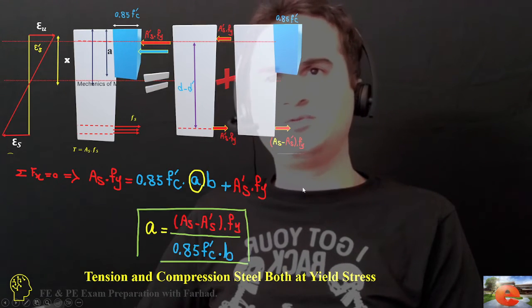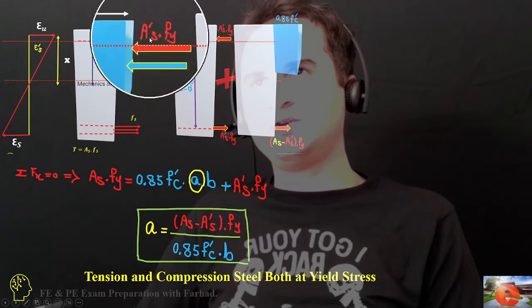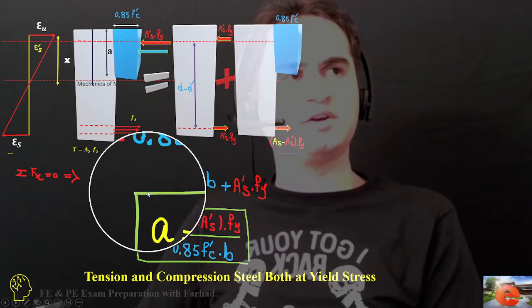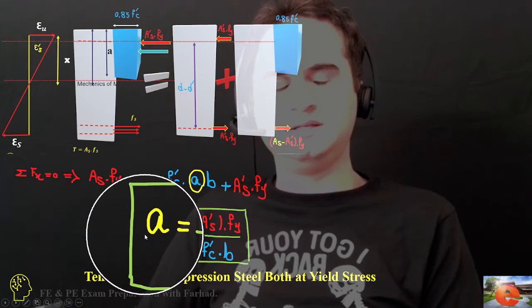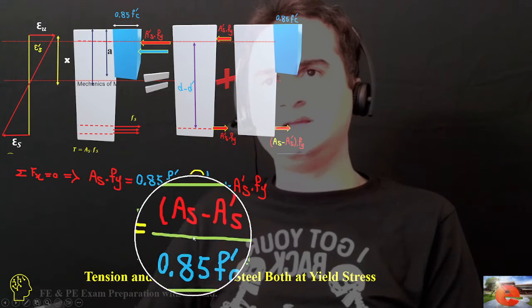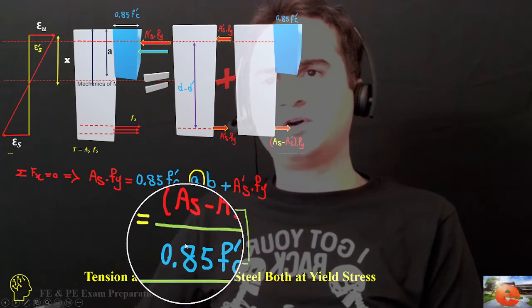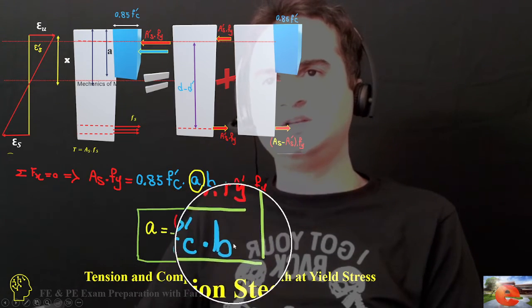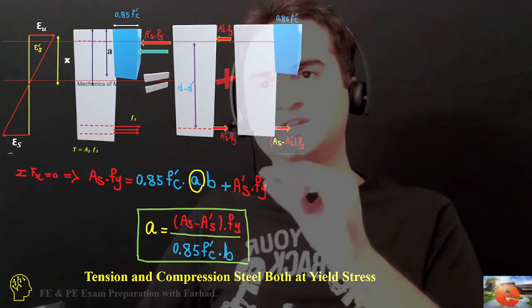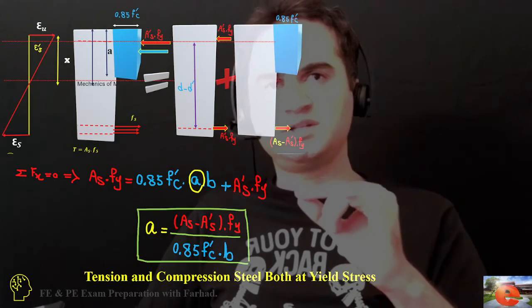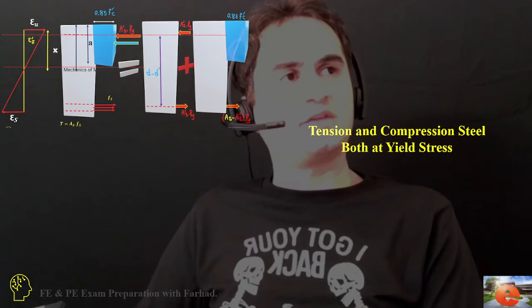If you develop the equation for a, to calculate the height of the equivalent block when we have compressive and tensile rebars, a is (A_s minus A'_s) times f_y over 0.85 f'_c times b. Again, that's the simplest scenario, in which tension and compression steel are both at yield stress.